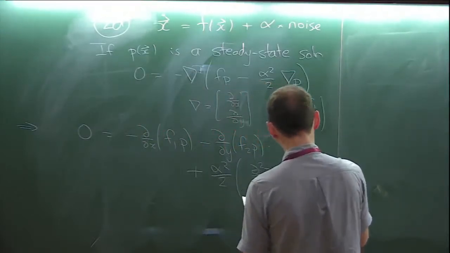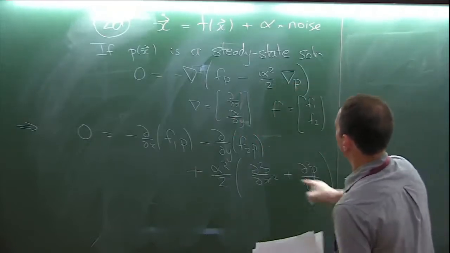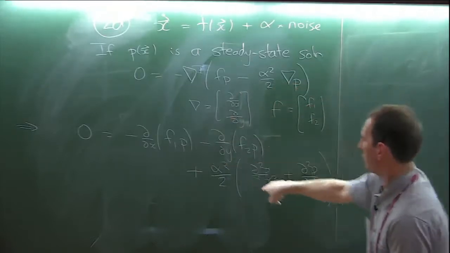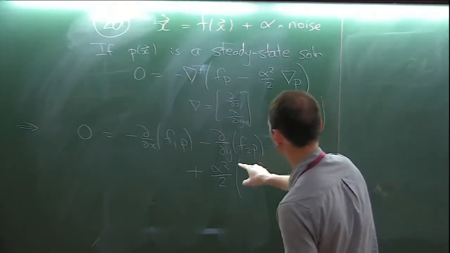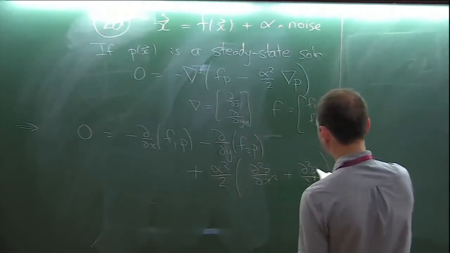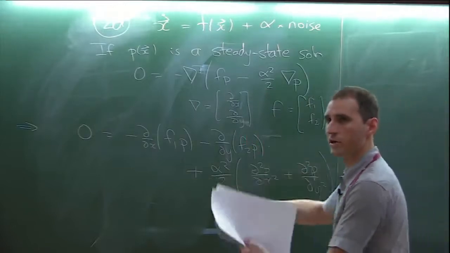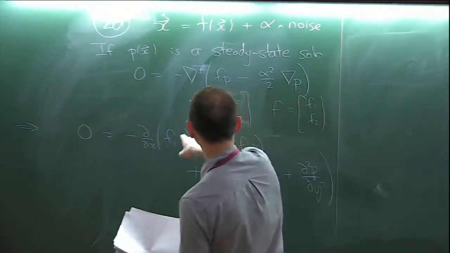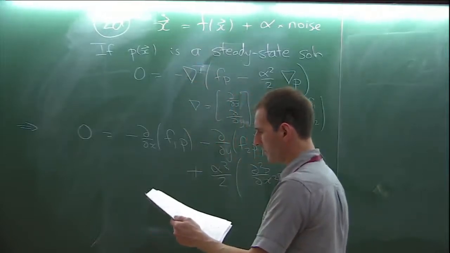Okay, so in 2 dimensions, this is what it comes out to. The last term is alpha squared over 2 times the Laplacian, which describes diffusion. And then these 2 terms capture the drift, the effective vector field F.